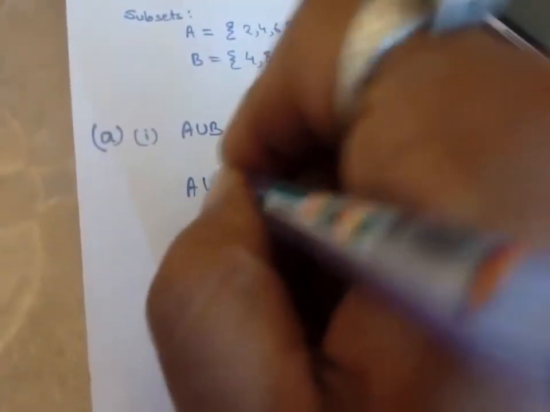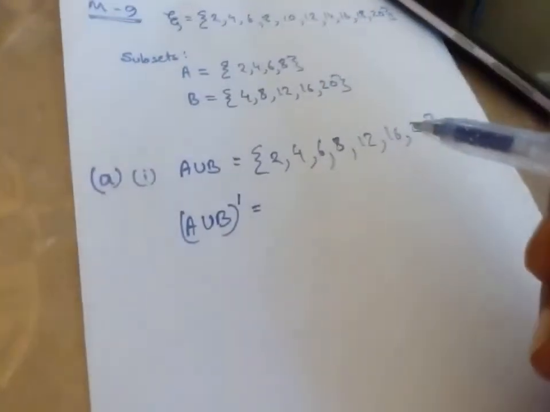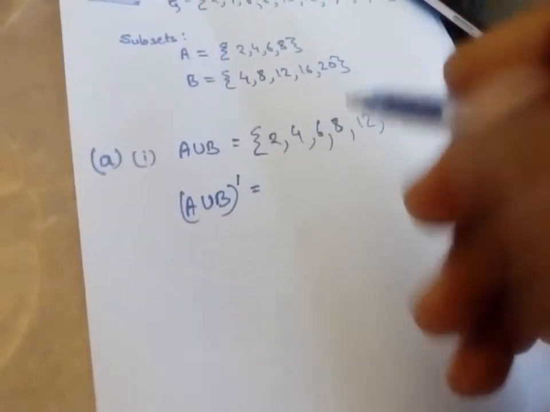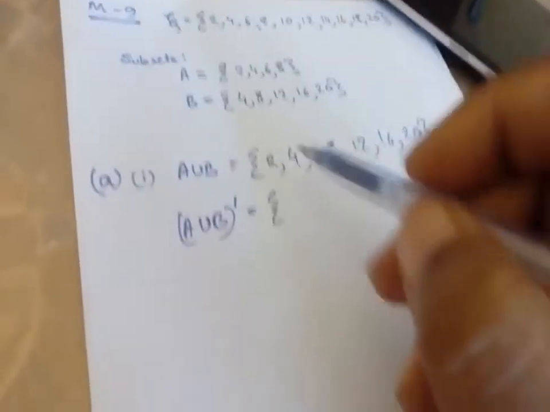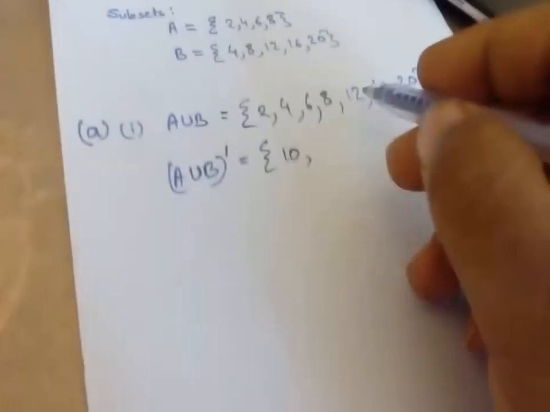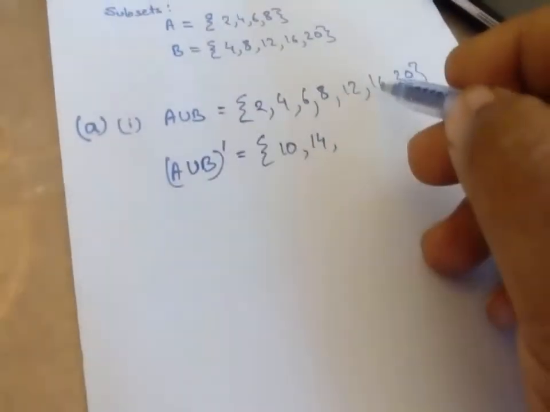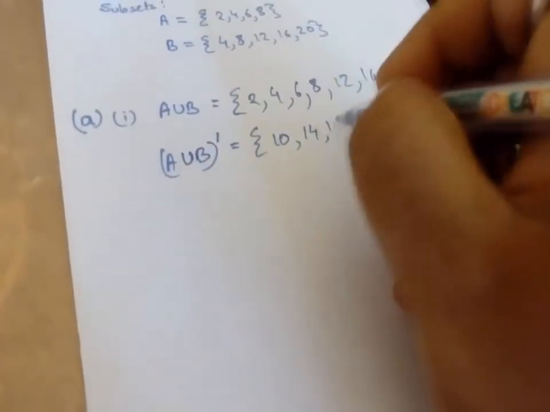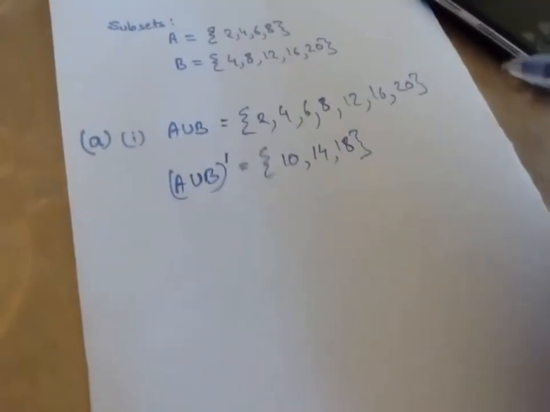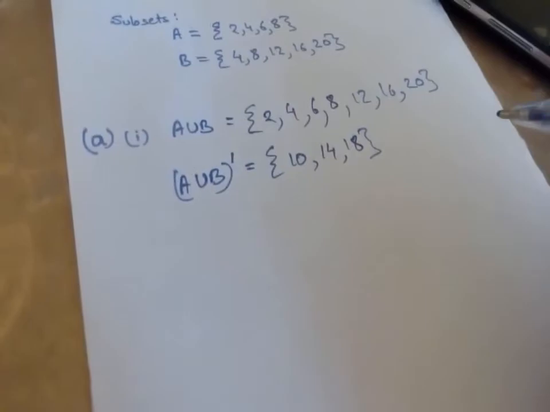Then (A union B) complement will be the elements in the universal set which are not in the set A union B. So 2, 4, 6, 8, 10 is not here so 10, 12, 14 is not here so 14, then 16, 18 is not here, so that's it. So this will be the set (A union B) complement.